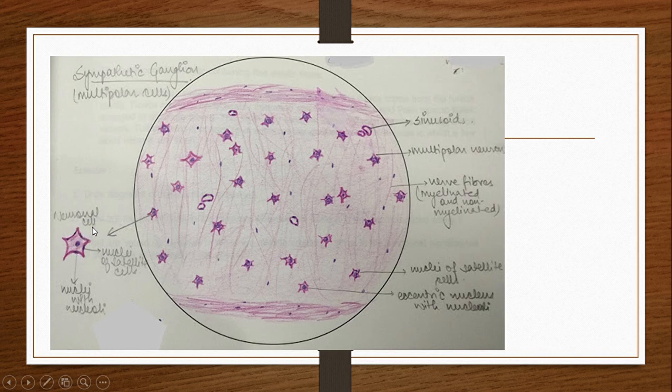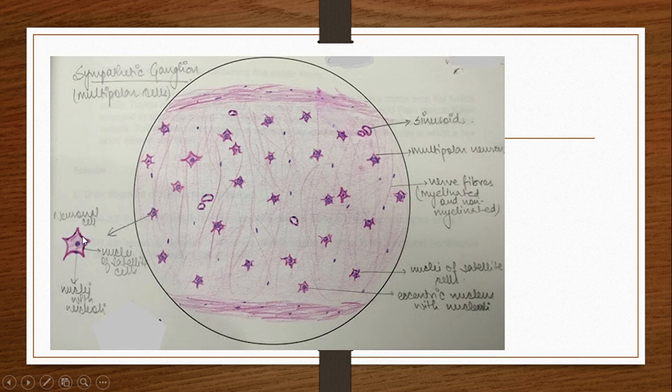The satellite cells are small cuboidal cells that surround the neurons in different ganglia of the peripheral nervous system.